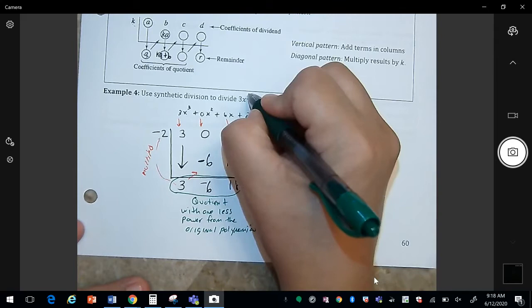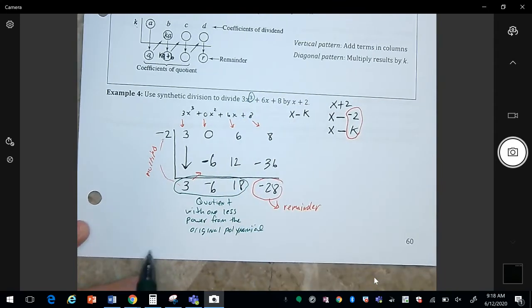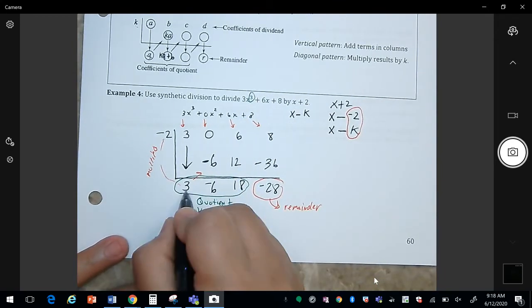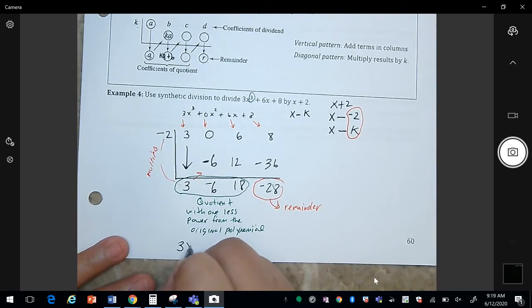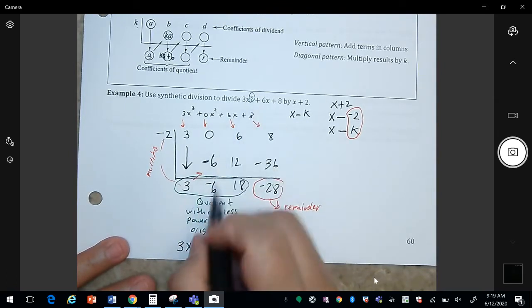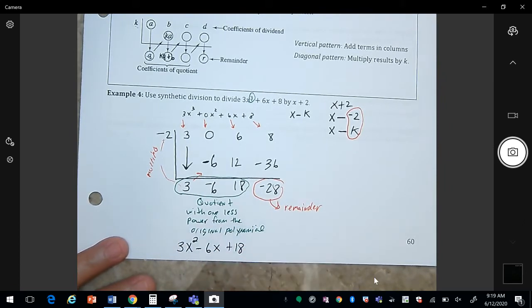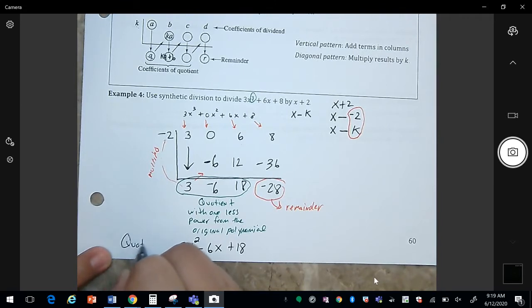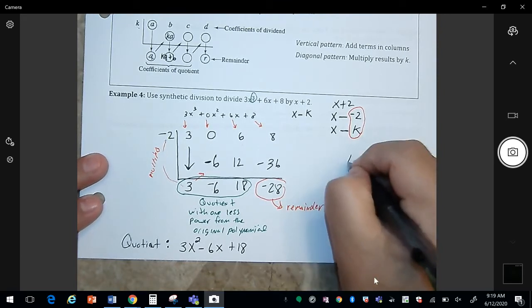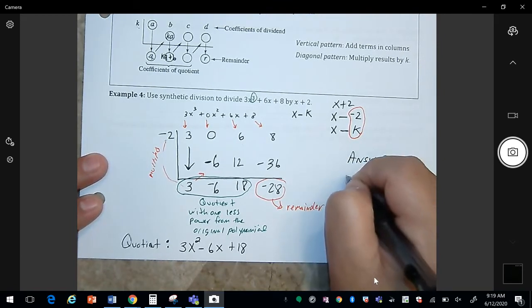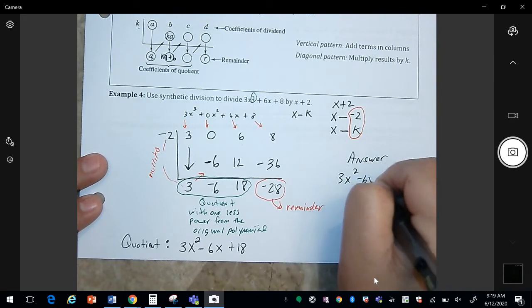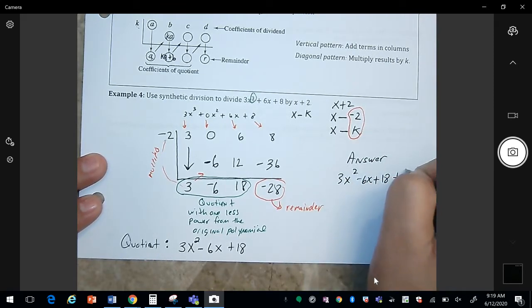Our original polynomial had degree 3, so when we write our quotient, we use the 3 as our coefficient, 3x, and then 1 less power of 3 would be 2, minus 6x plus 18. So this is going to be our quotient. Our answer, we will write as our quotient 3x squared minus 6x plus 18 plus our remainder, which is negative 28, divided by our divisor, which was x plus 2.